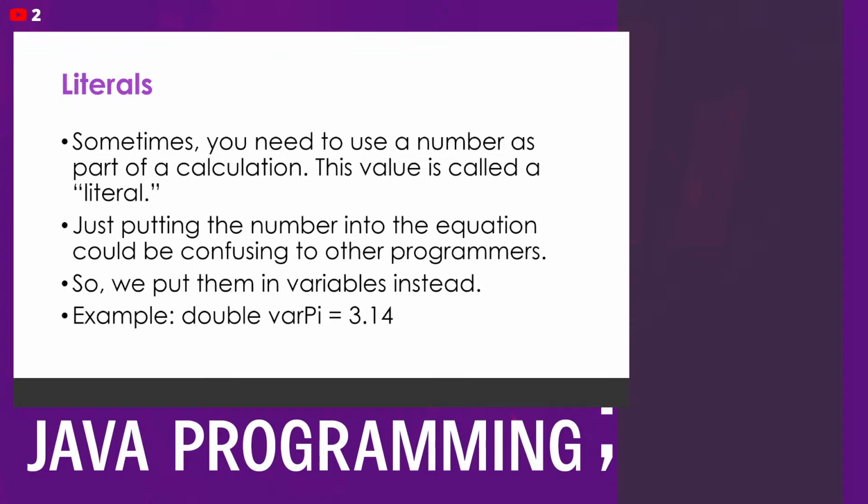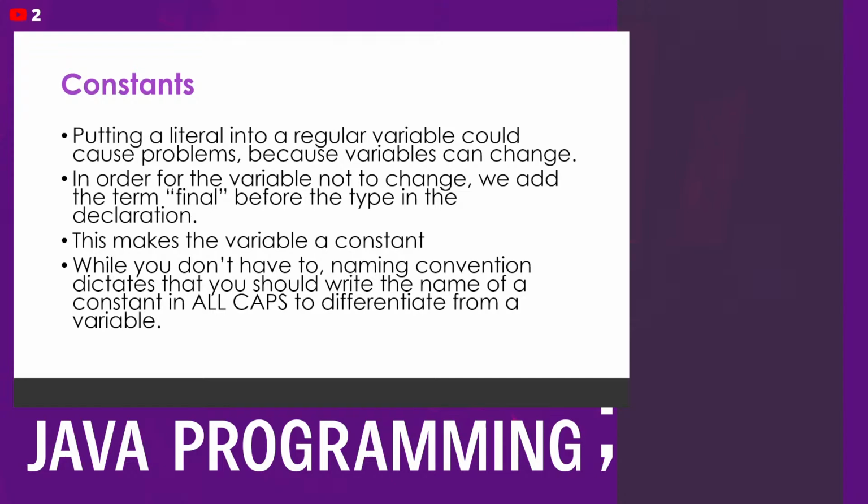So we'll typically store them inside of variables. And as we'll see on the next slide, we typically store them in a specific type of variable. Because these literals never change, right? They are this sort of magic number that needs to be a part of this equation to get this equation to work. So instead of just putting them in a regular variable, oftentimes we'll take a literal and we'll put it in a constant.